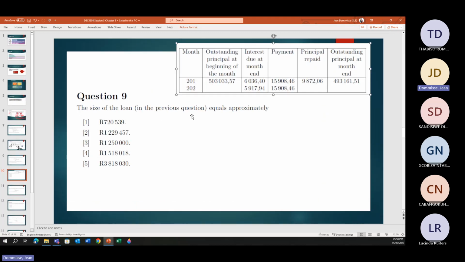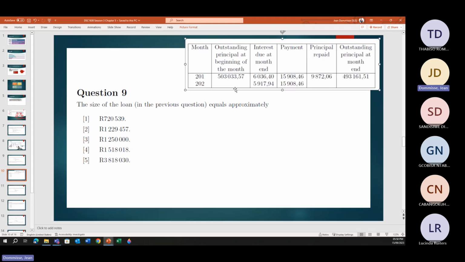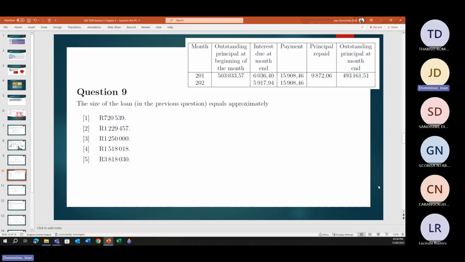Okay, so a follow-up question, and again, this is also very likely to happen in your assignments and in your exam, that they might have a follow-up question.